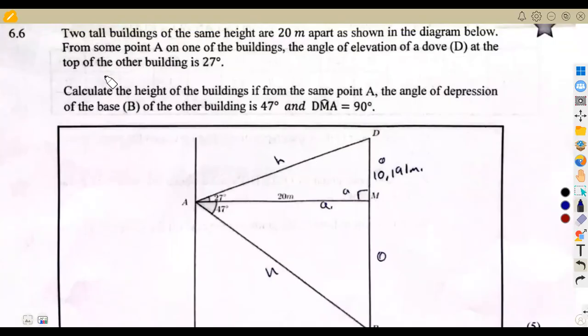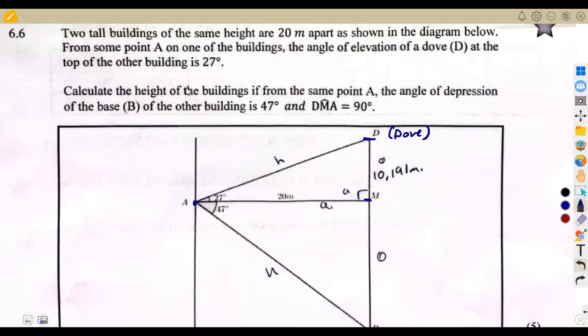From some point A, on one of the buildings, the angle of elevation of a dove D at the top of the other building. So here, this D is a dove, on the top of the building.